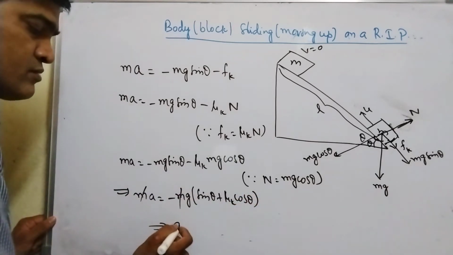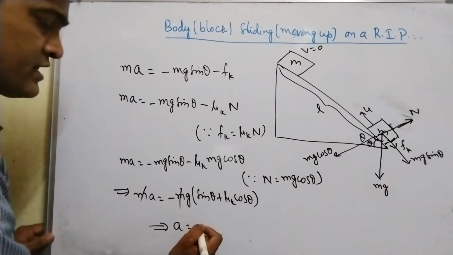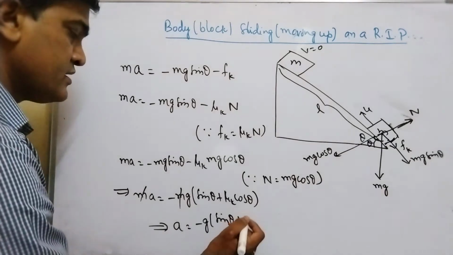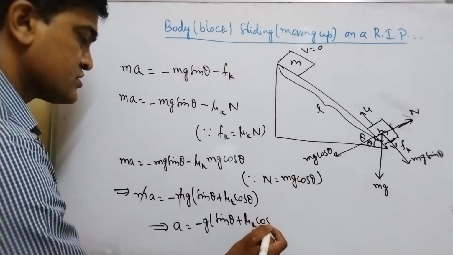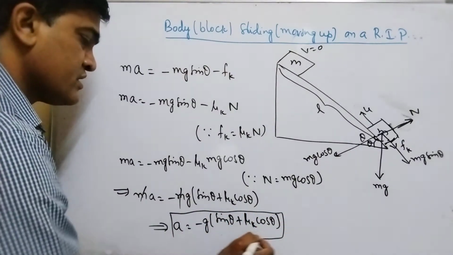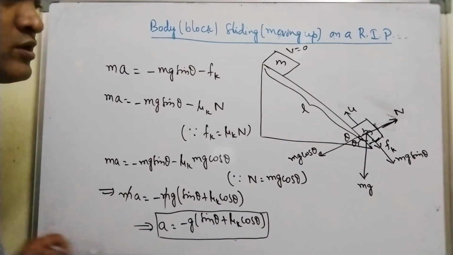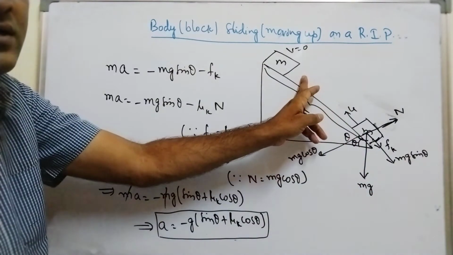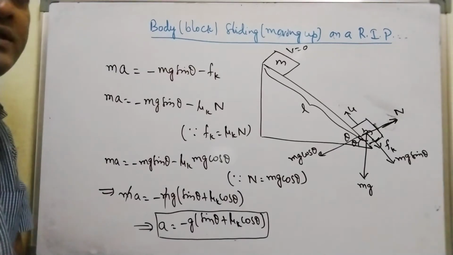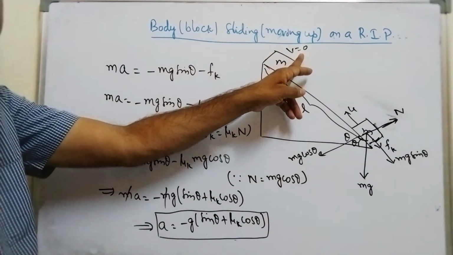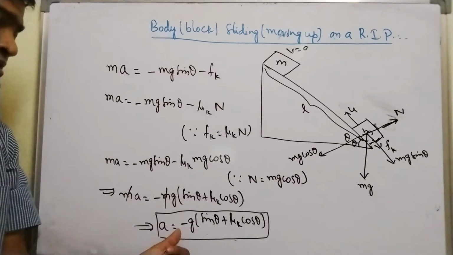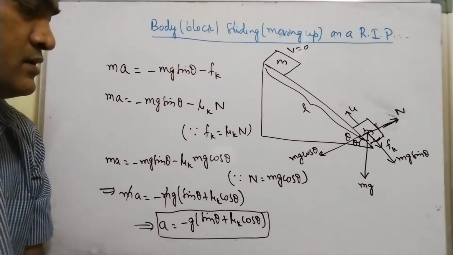I am getting the formula for acceleration A as minus g into sin theta plus mu k cos theta. This is the value of acceleration, which is negative because the body is moving in the opposite direction. Its acceleration will be negative because final velocity is 0, right? I am getting negative acceleration.